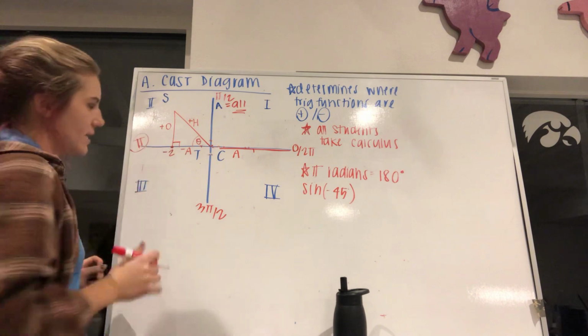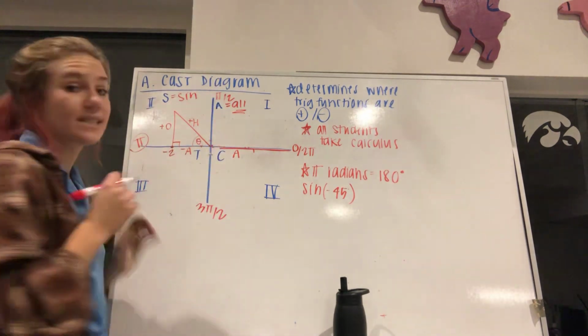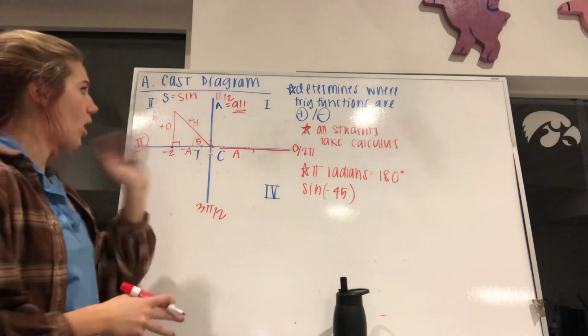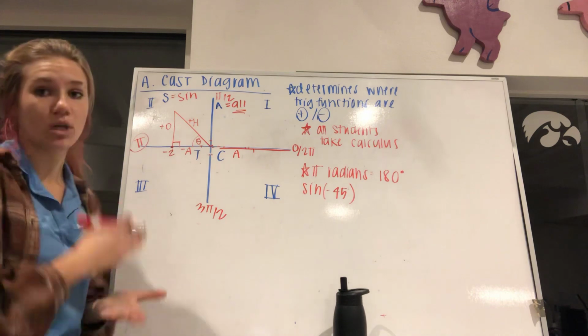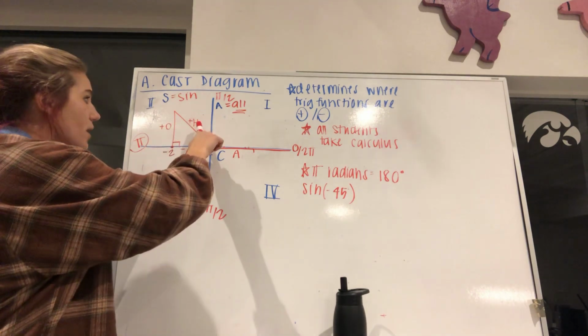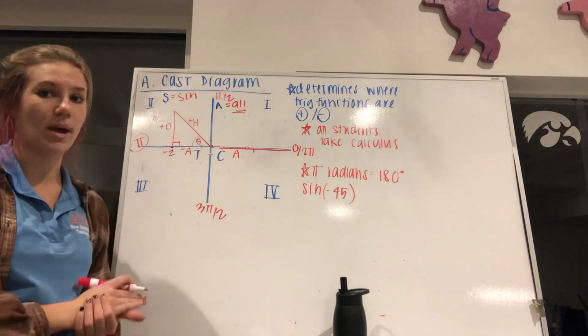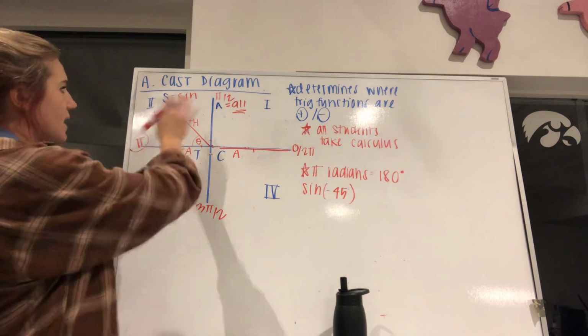The biggest takeaway in this case is that all of the sine functions are going to be positive in the second quadrant, which makes sense, right? Because sine is equal to opposite over hypotenuse. If opposite is positive and the hypotenuse is positive, positive divided by a positive is always going to get us a positive. So that's why sine is going to be positive.